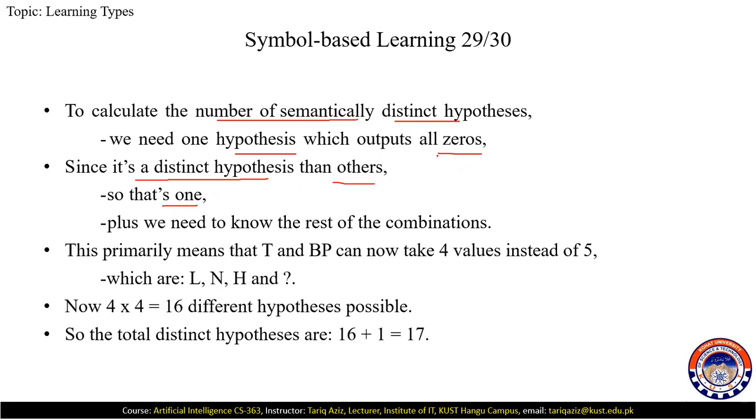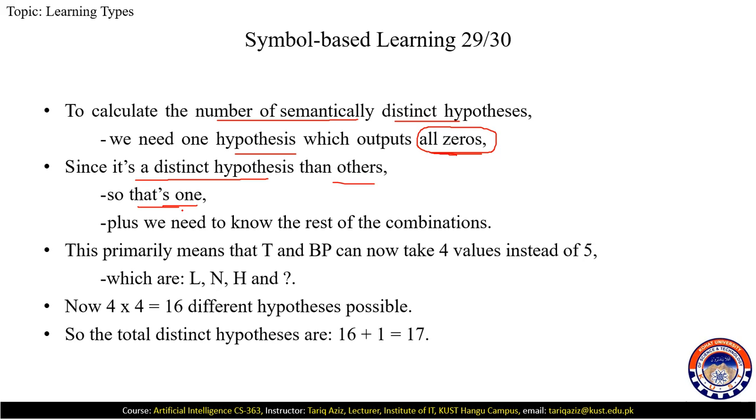And a couple of minutes before, we checked that one of the distinct hypotheses we got was all zeros. Here it says since it's a distinct hypothesis from the others, that's why this is one.